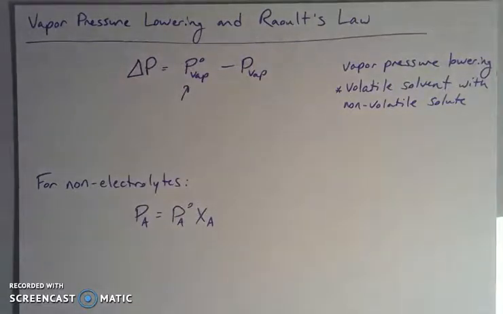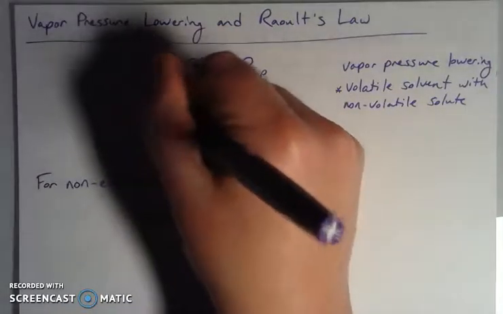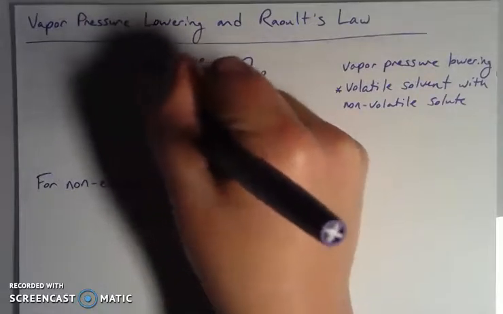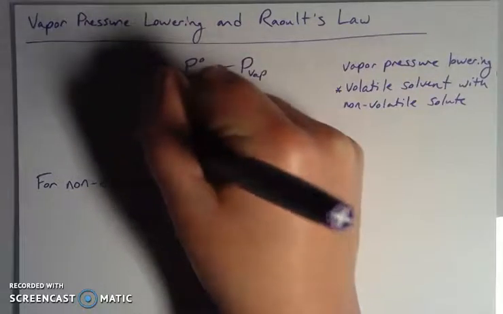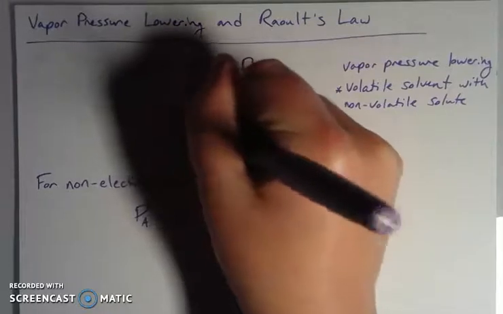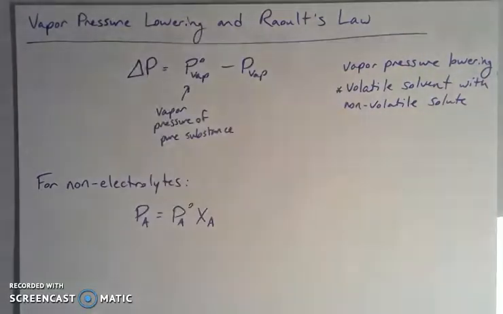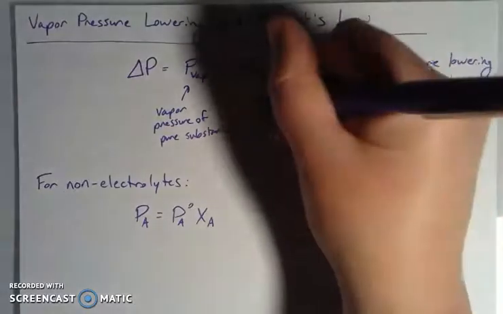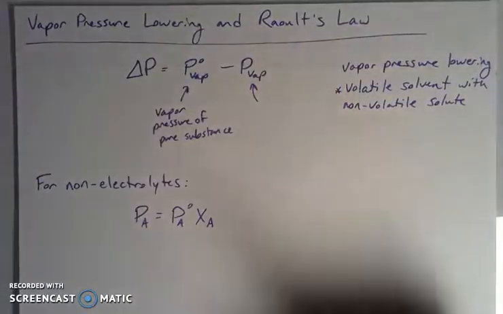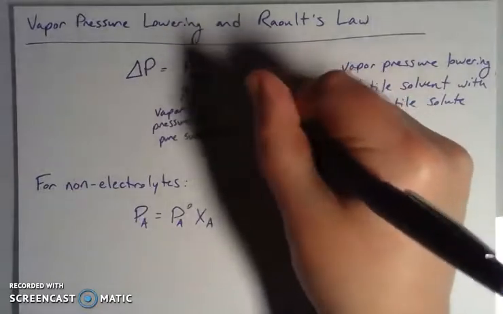So this would be the vapor pressure of the pure solvent, what we'd find on the phase diagram, and then we'd subtract from that the vapor pressure of our solution, and that would give us this change, by how much it is going down.